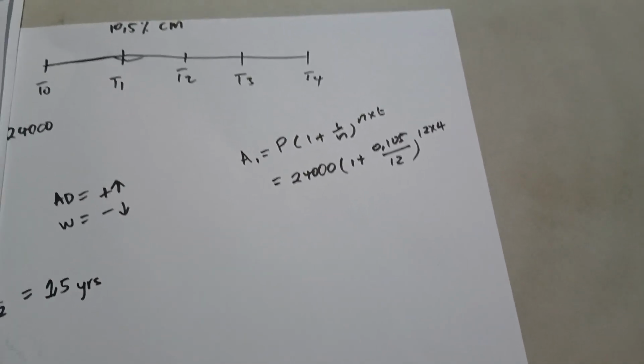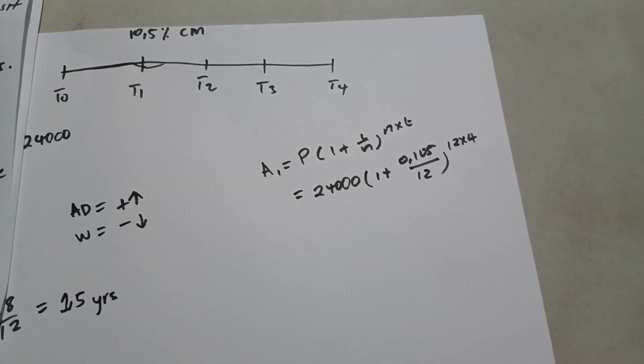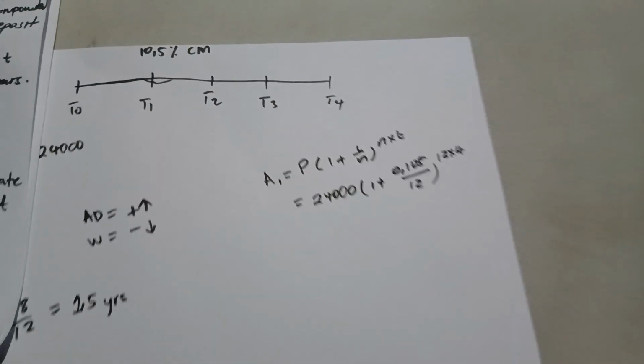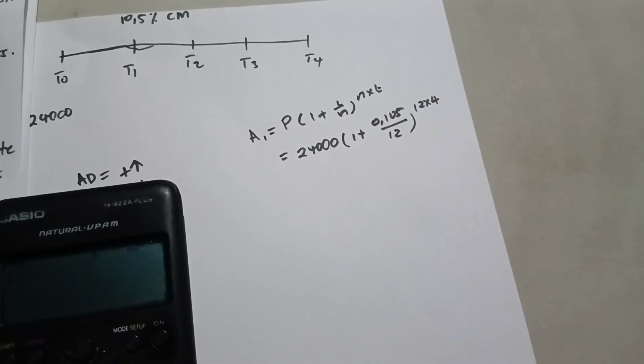Now remember, there were no changes in the interest rate, so we're just going to do it like that. But now there is a withdrawal. So now let's start first doing this, and then we'll do the withdrawal.